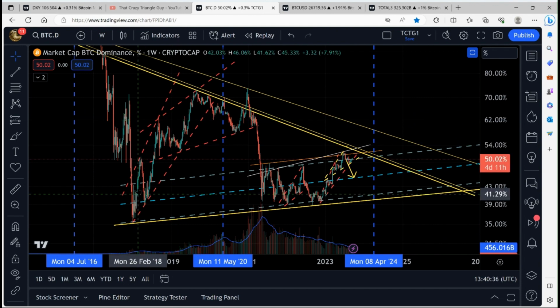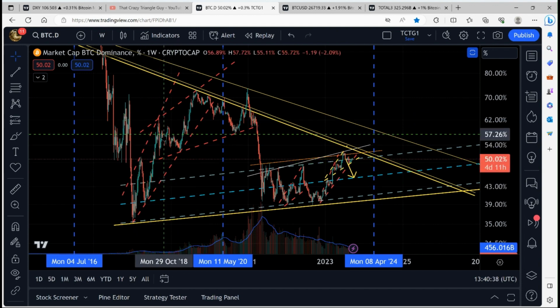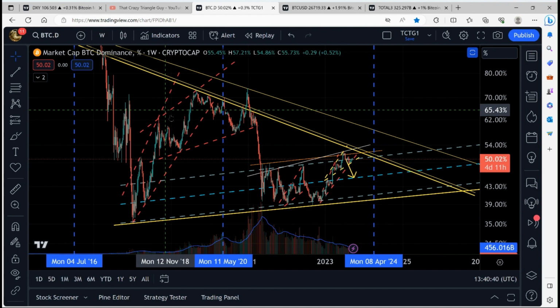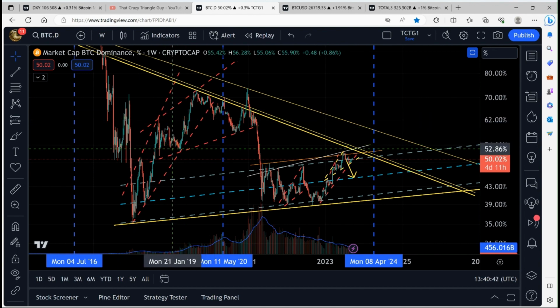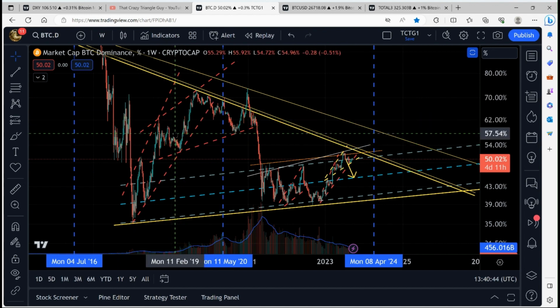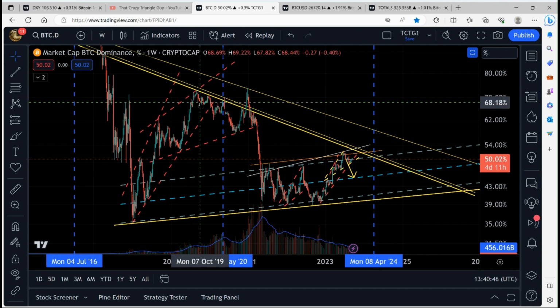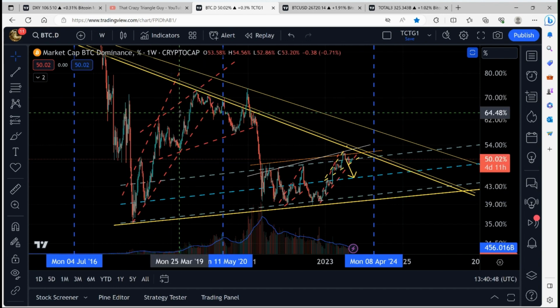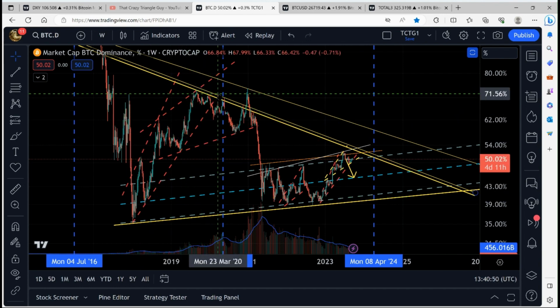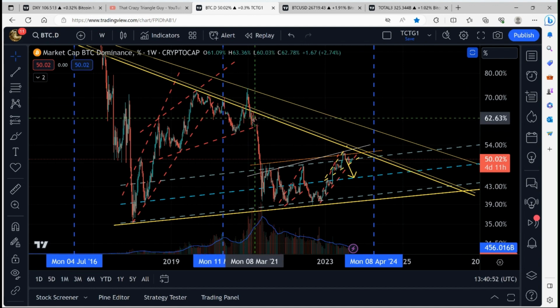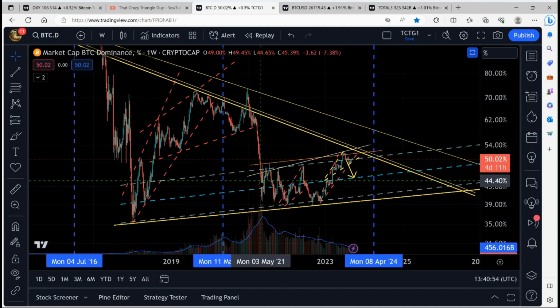Ascending broadening wedges. Bitcoin creates a bunch of them, and we oscillate back and forth in these wedges, filling up the cup. This one here filled up, spilled into this other cup, and then eventually spills out and dumps.